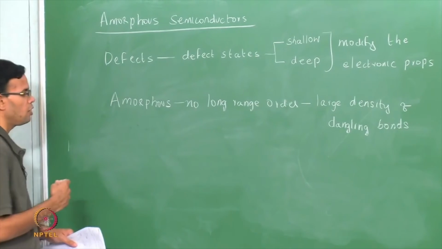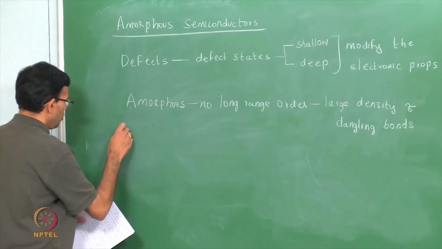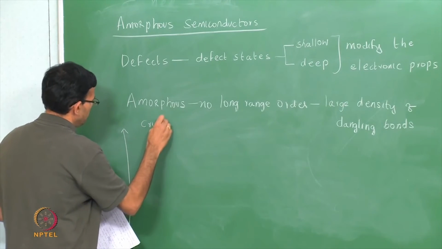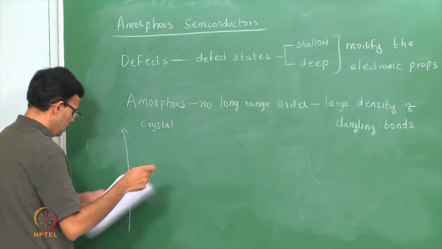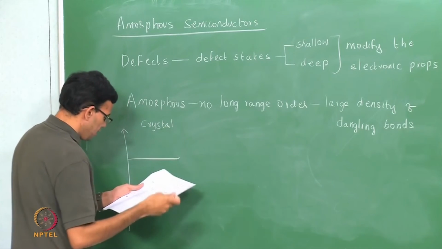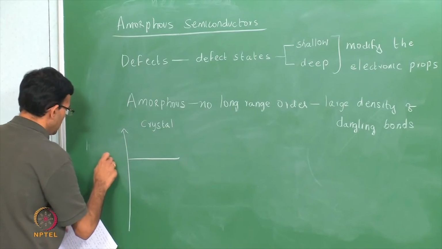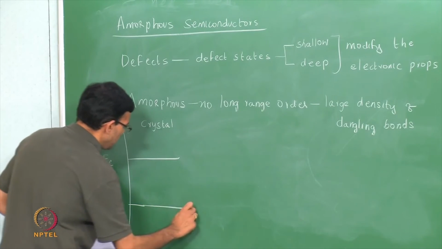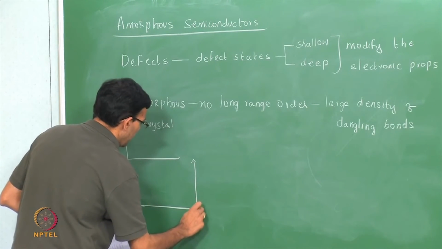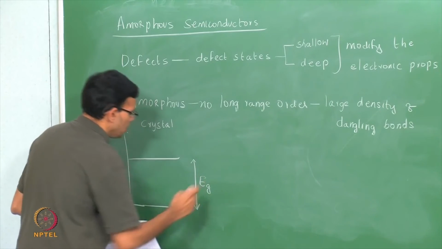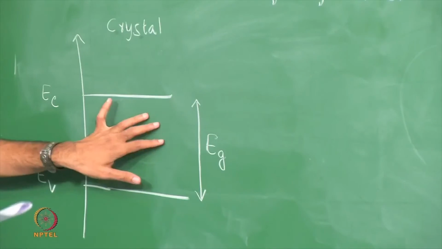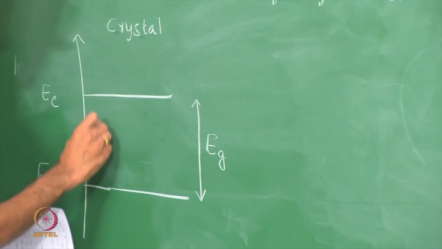So, if you were to draw the band picture in the case of a crystalline material, let us take crystalline silicon. So, we will have a conduction band, we will have a valence band, that is your band gap. So, if you have a perfect crystalline material, there are no electronic states in the band gap.